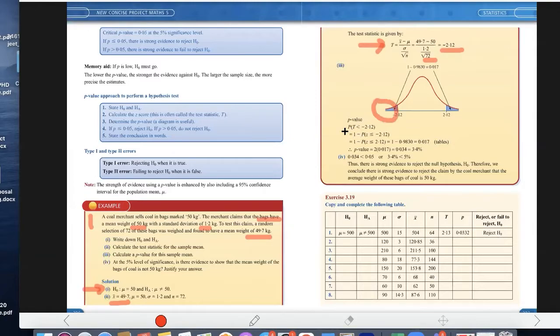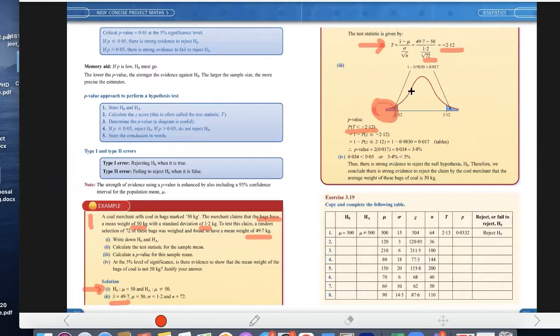So let's look to see the probability that our test statistic is less than minus 2.12. So we want to see, are you out in this area out here?